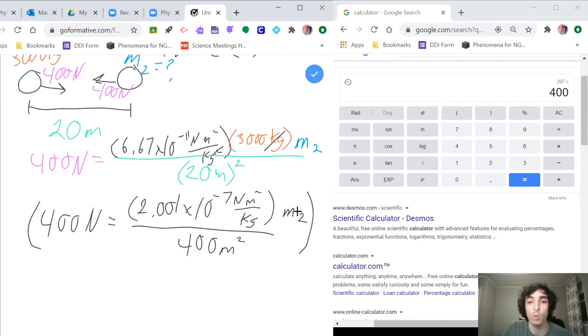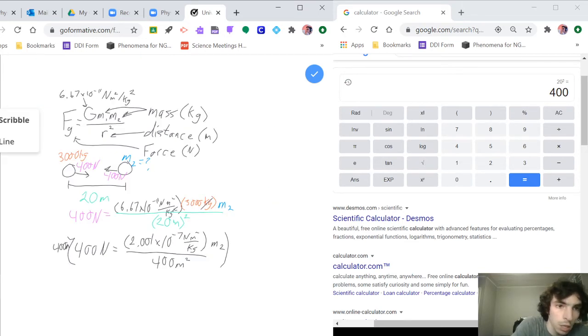Right now we are dividing our variable we're trying to solve for by 400 meters squared. So if I want to do the opposite of that, I need to multiply both sides by 400 meters squared. That way, that goes away on the side where we're trying to solve for our M2.